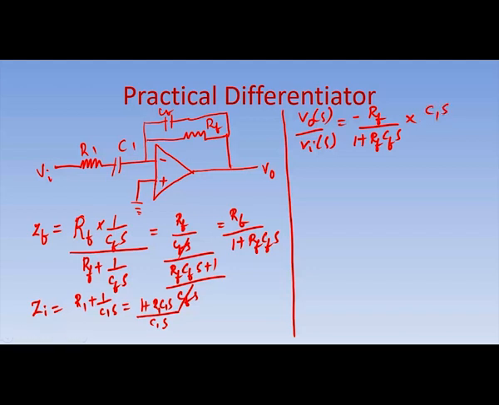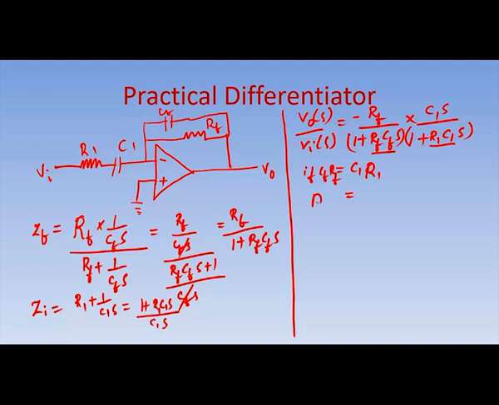The denominator comes to the numerator and the numerator goes to the denominator here, because V0 of S by Vi of S is ZF by Zi. It is 1 plus R1 C1S. So, if CF RF is equal to C1 R1, then these two terms will be equal.